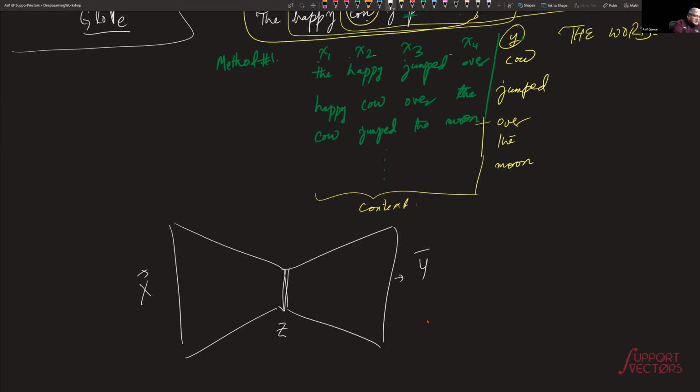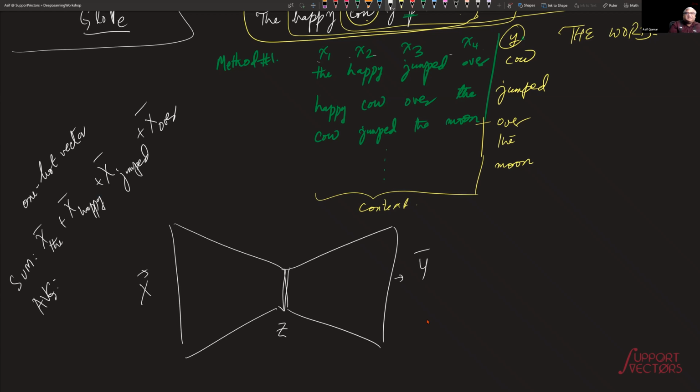So what you can do is you take the X of the plus X of happy plus X of jumped, you know, the one hot encoding, the input vectors, plus X over, you add them, right? You can just sum it, or some people prefer to average it, average of the 4. So what will you end up with?